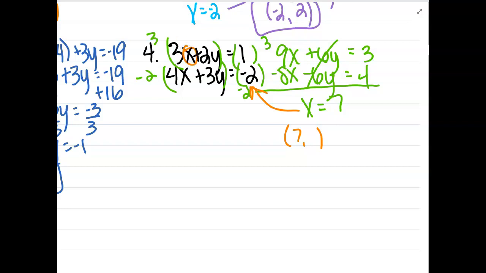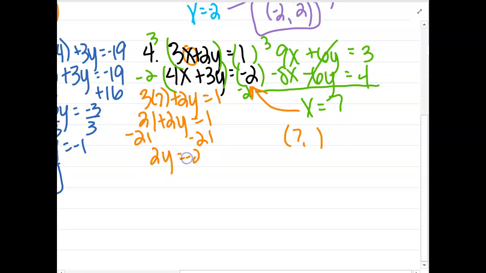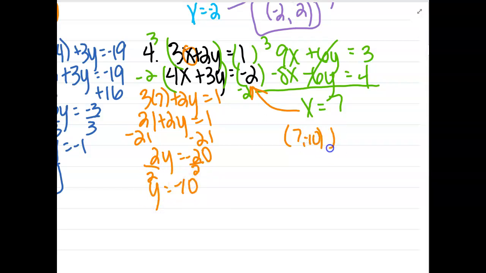So we have 3 times 7 plus 2y equals 1. 3 times 7 is 21, plus 2y equals 1. Subtract 21 from both sides, so we have 2y equals negative 20. Divide by 2, we get y equals negative 10.